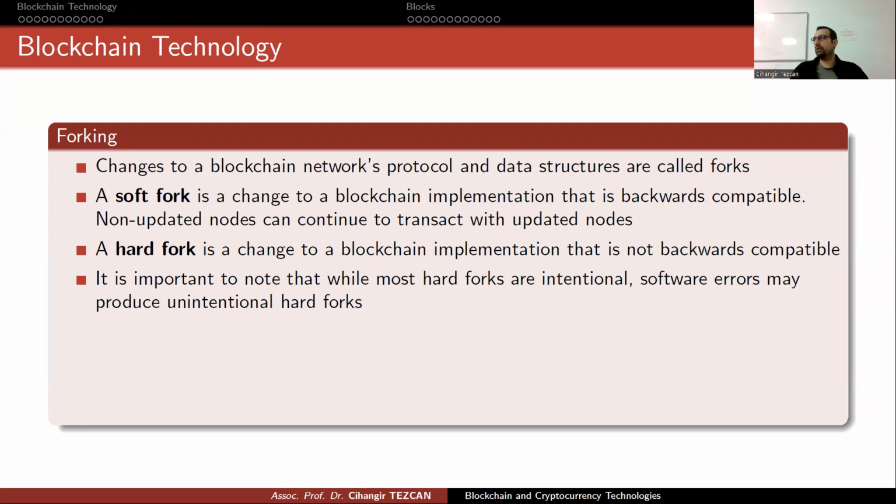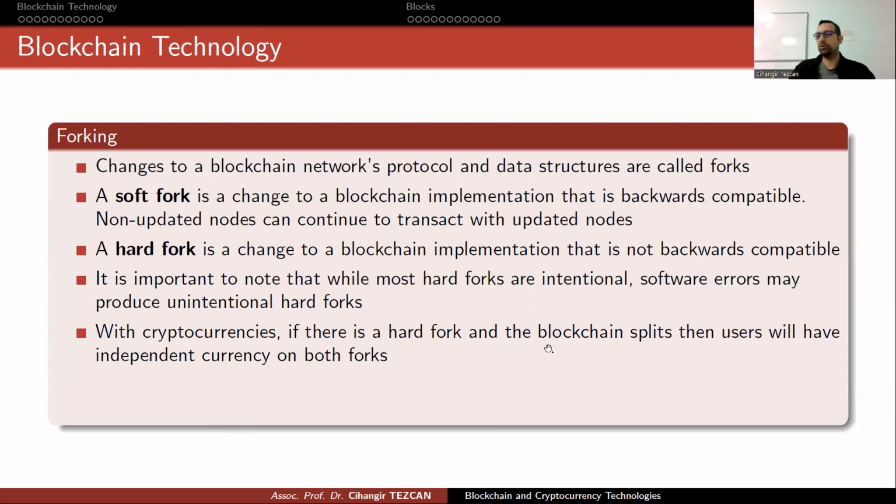Okay, this is just a programming error. And this way you can create unintentional hard forks because when you run the smart contract, the output might be different depending on the software. So this is why sometimes unintentional hard forks occurred due to programming errors, actually.